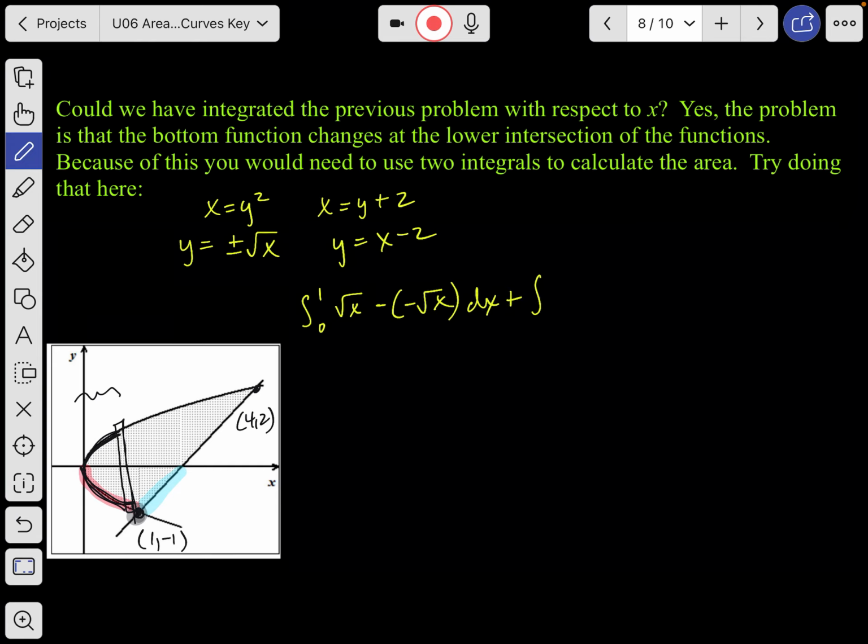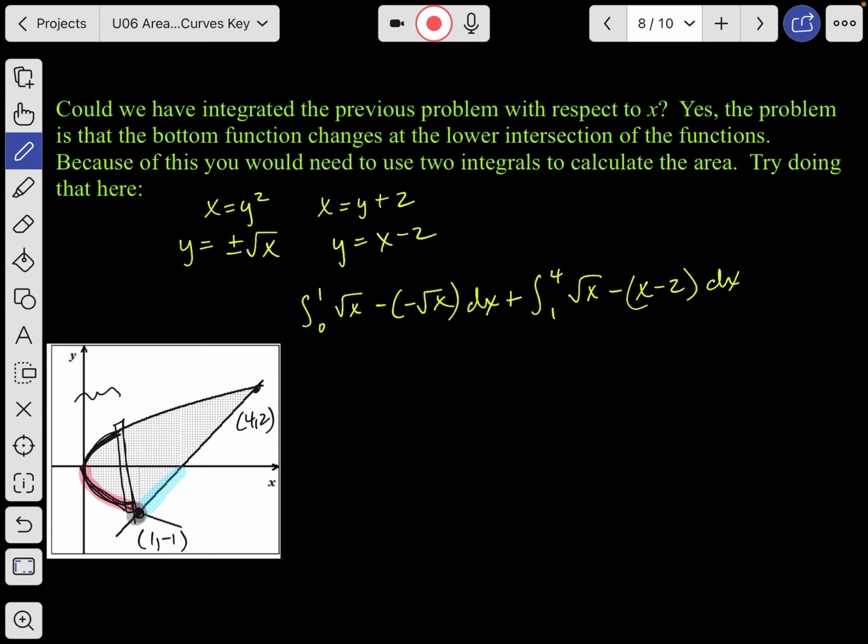And I'm going to add that to the integral from 1 to 4. And let's see, my top function is going to be the positive square root of x minus the linear function dx. Okay, we just need to integrate and then evaluate.